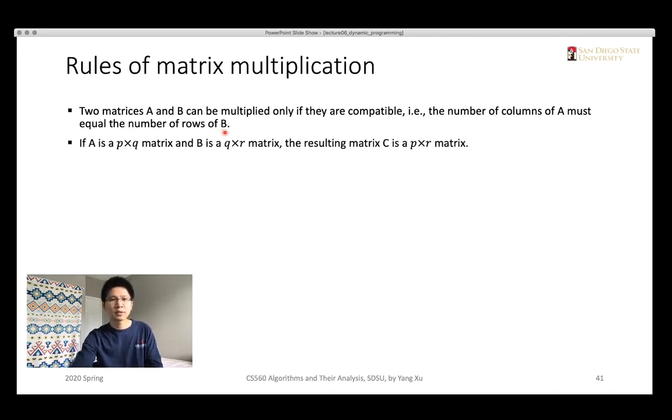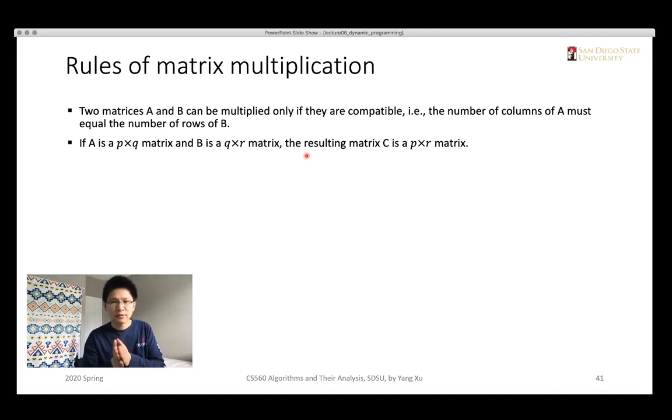Okay, say A is a P by Q matrix, which has P rows and Q columns, and then B must be a Q by R matrix. So the number of rows of B must equal the number of columns in A. Only that way we can multiply A and B together.